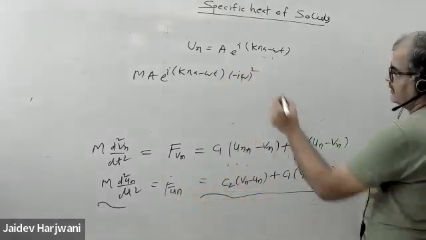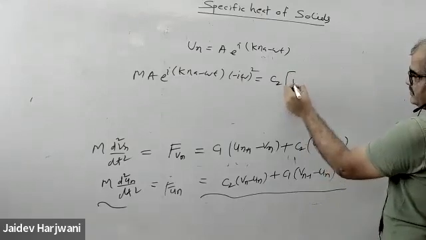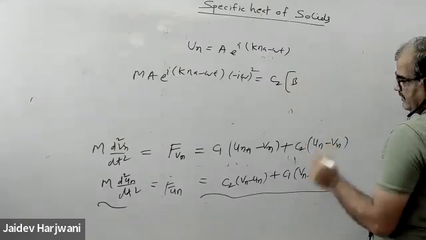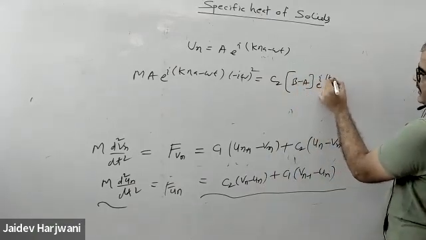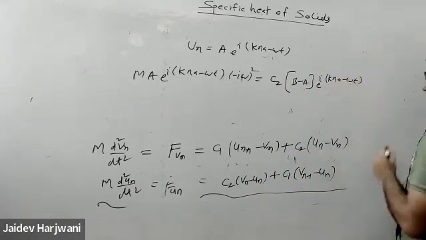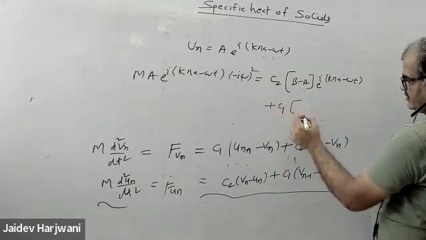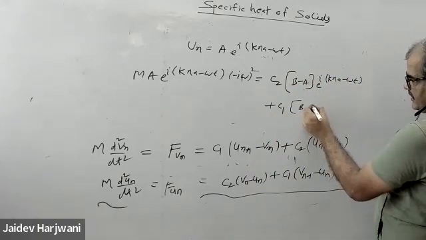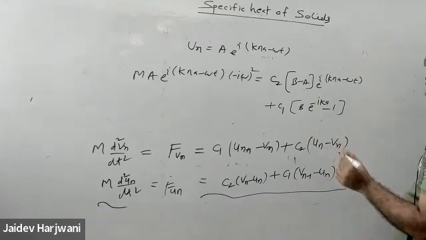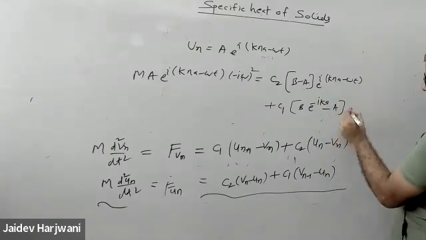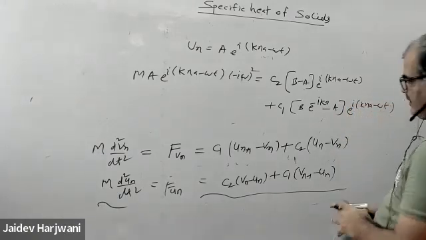Similarly, if you do c2 Vn, Vn is b e^(iκ(na − ωt)), so this becomes (b − a) e^(iκ(na − ωt)). And this becomes plus c1, b e^(−iκa) and a e^(iκ(na − ωt)).